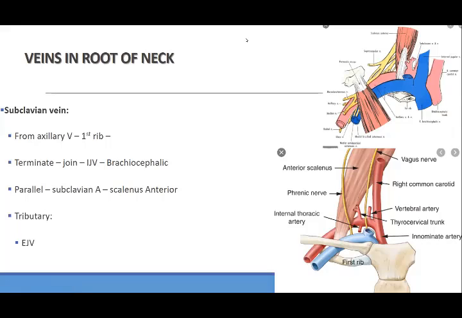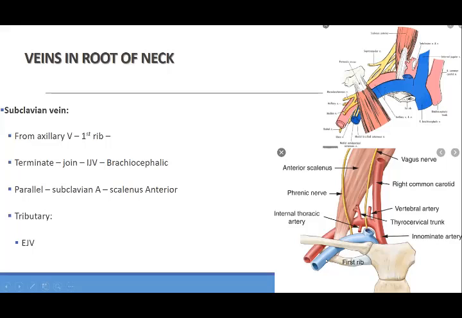No? Okay. Let's go on to the next vein, which is the subclavian vein. Now we have to go in the opposite direction. The subclavian artery, we said, becomes the axillary at the outer border of the first rib. This is the opposite. The subclavian vein is formed by the continuation of the axillary vein at the outer border of the first rib.